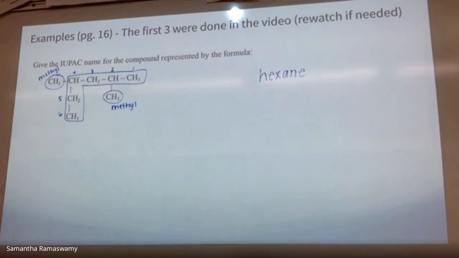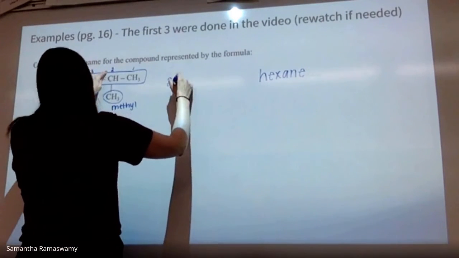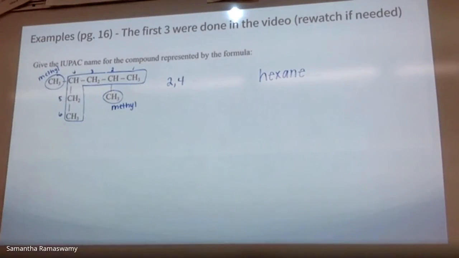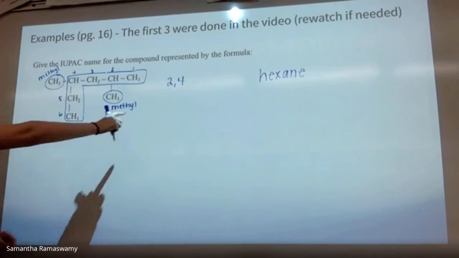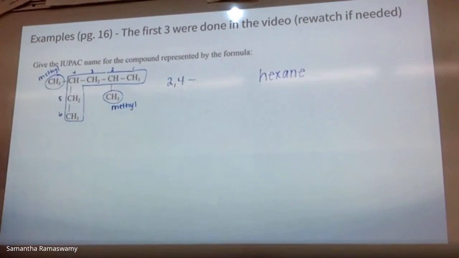Now you always start the name with the numbers where the substituents are. I have a methyl group on carbon 2, and I have a methyl group on carbon 4. When you're separating numbers, you use commas. So we're saying that we have something on carbon 2, something on carbon 4, and then between numbers and letters, we use dashes.